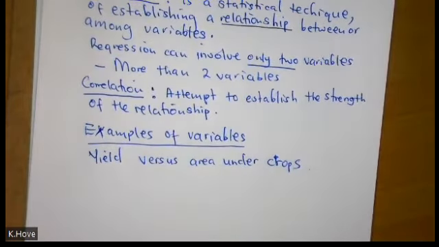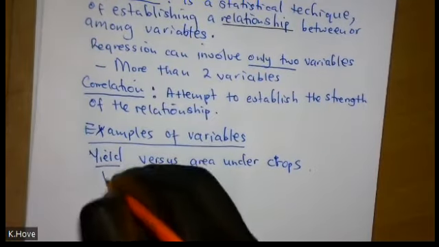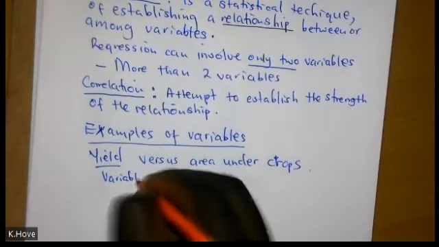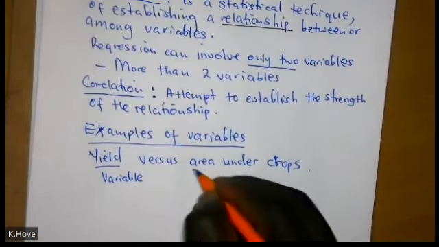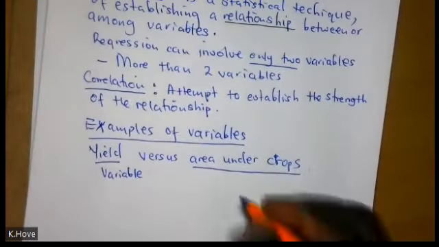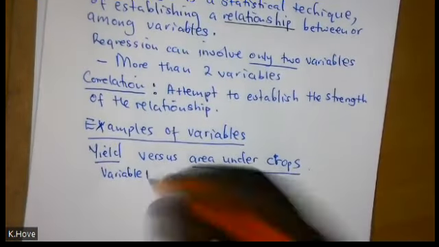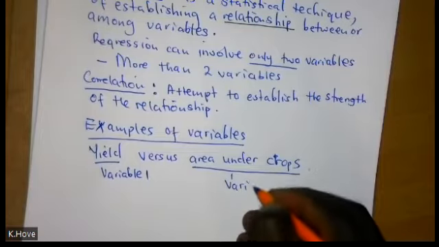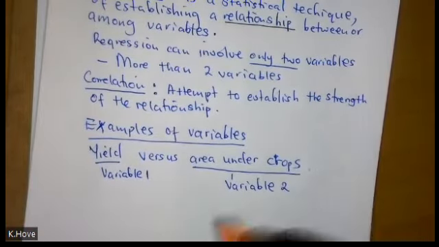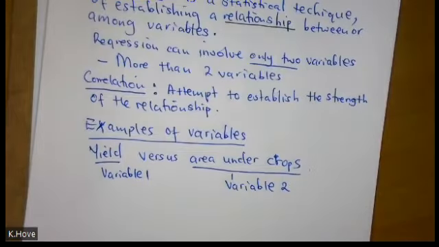In this case, you would realize that the bigger the area cultivated, the more likely you expect yield to go up. So yield is a variable. We are connecting it to area cultivated. Variable 1, so this is variable 2. So we want to see if there is a relationship between yield and the area cultivated.